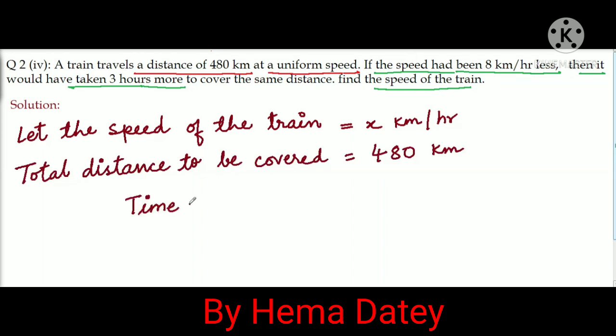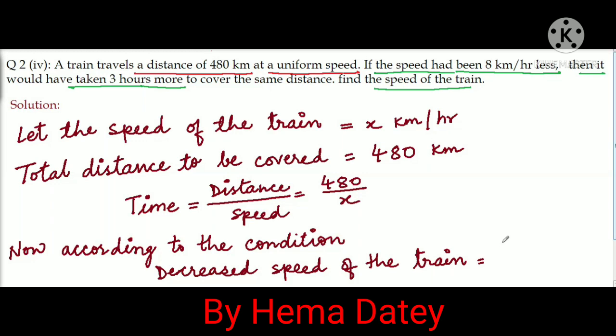Total distance to be covered is equal to 480 km. Time taken is equal to distance upon speed. Distance is 480 and the speed is x in our case. So we'll write 480 upon x.